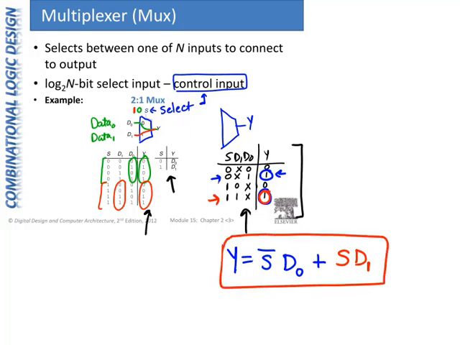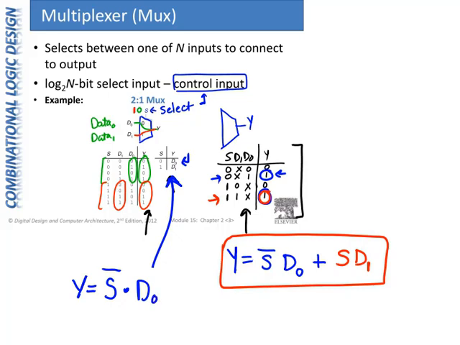Now I'm going to show how we could have gotten that same equation from the more condensed truth table. When is Y going to be 1? If select is 0, the S bar indicates that select is 0, and D0 has to be 1, so the output column is also 1.